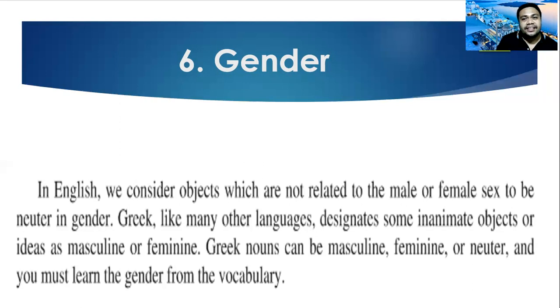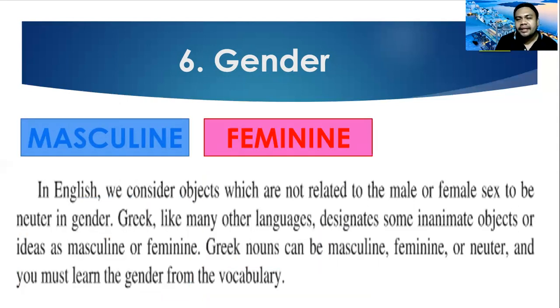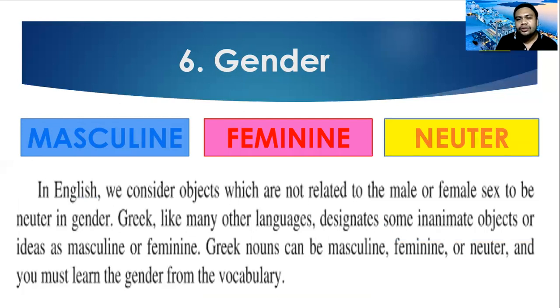As I've said earlier, a person could be neuter also, depending upon the form of the word. Example, paideon. That is a person, but it is in the neuter form. Okay, let's take a look at the three genders: the masculine, the feminine, and the neuter gender.